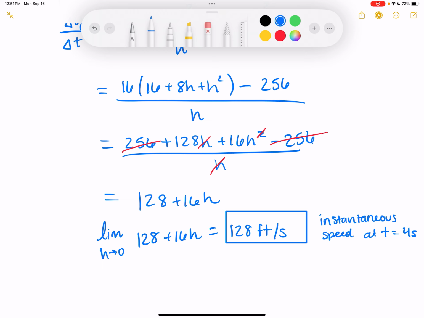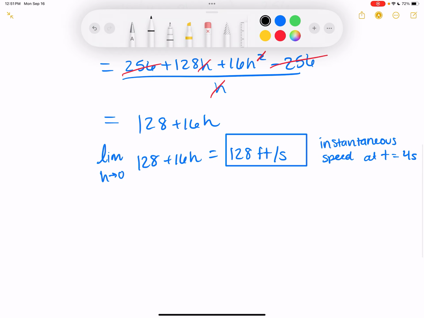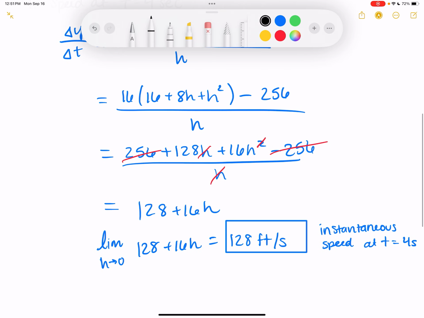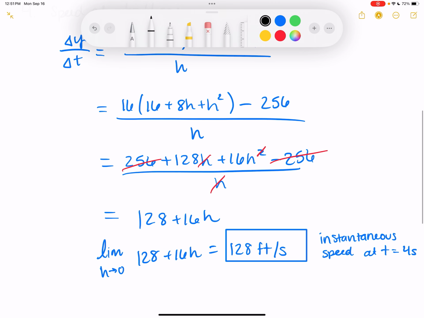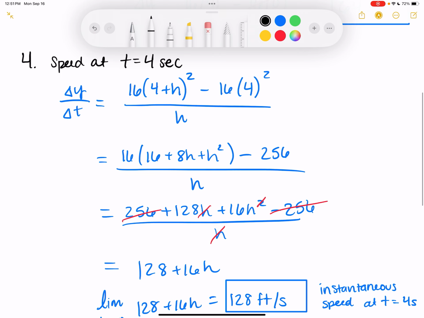I'm a little confused. So, why did we plug in 4 for h in the first one and then t in the second one? Because h is the value that we plug in for. In this second one, they just told us what t was equal to. So usually it's h unless they tell you otherwise. They'll tell you t is equal to whatever if they want you to plug it in for that.